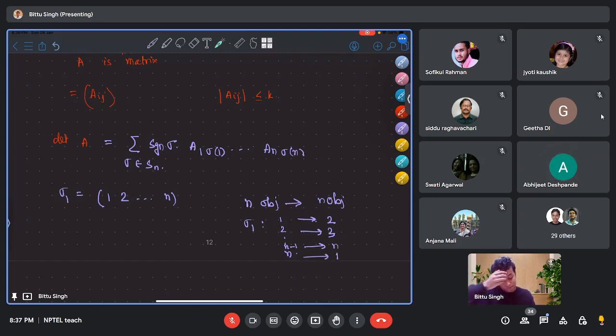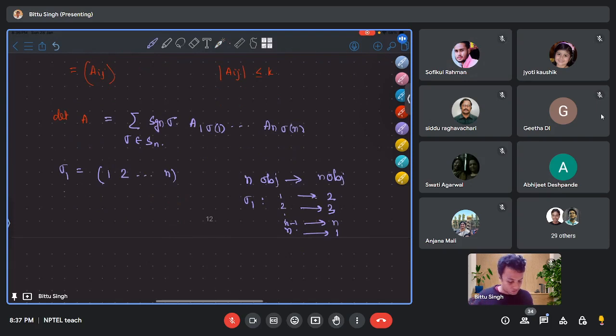That is, this is actually cycle notation for the permutation. That is, 1 goes to 2, 2 goes to 3, 3 goes to 4, and n minus 1 goes to n. But where does n go? n goes to 1, again the first thing.